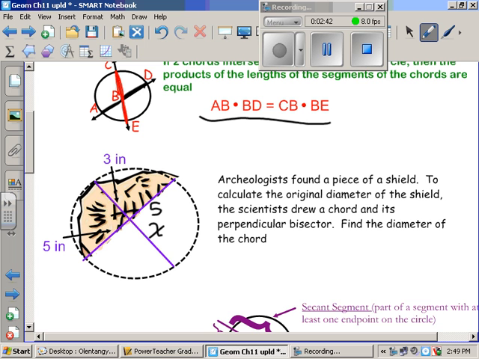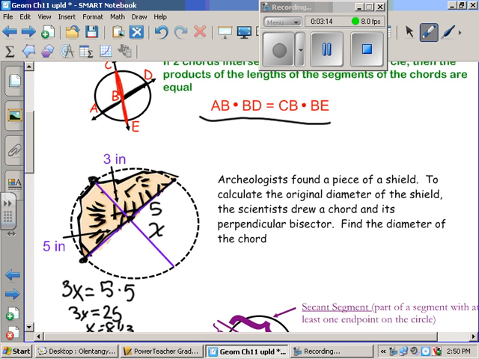From this point to this intersection point is 3 times x, and that's equal to this piece of the chord that goes the other direction, and this piece of the chord, which is also 5. So we get 3x equals 25. So x is equal to 8 1/3.